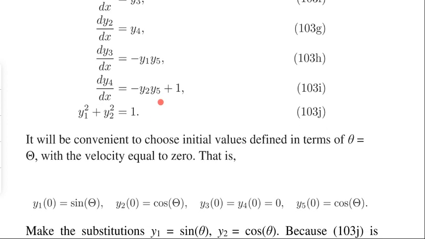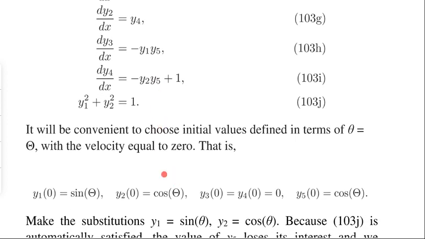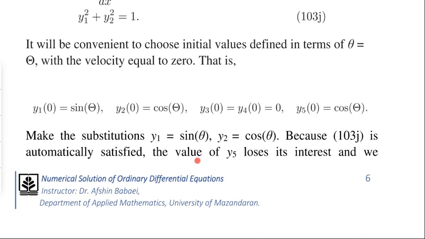Now, if we consider some initial conditions for our 5 unknowns, y1, y2, y3, y4, and y5, and the initial value for theta is capital Theta, then the values of y1 to y5 at 0 will be equal to sine of theta, cosine of theta, 0, and cosine of theta.